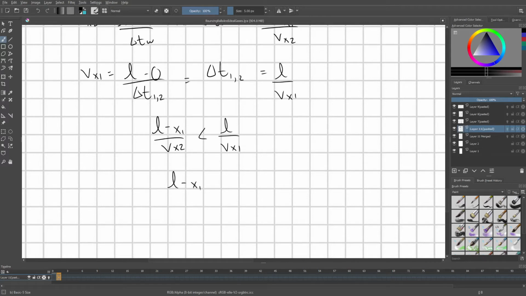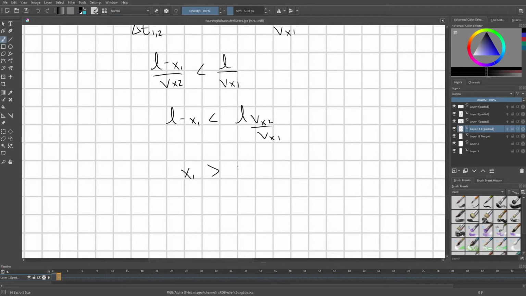L minus x1 is less than L times Vx2 over Vx1. And so x1 is greater than L minus L Vx2 over Vx1.